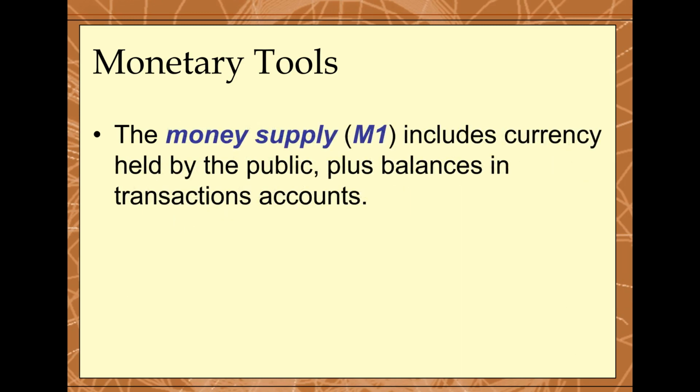Now, as we discussed in the previous chapters, the money supply can be categorized into one of 2 categories, M1 and M2. And these are classifications of money based upon liquidity.